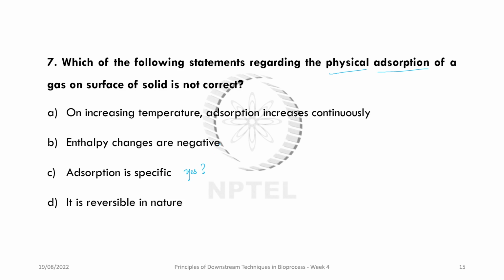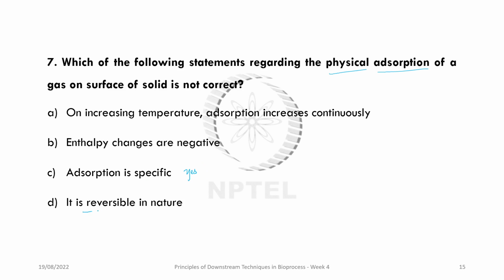Even in physical adsorption, although it may not be extremely specific, the van der Waals forces of attraction should be there for it to adsorb on a particular solid. And for chemical adsorption, obviously, you will need a certain degree of specificity. So, is it specific? Yes.